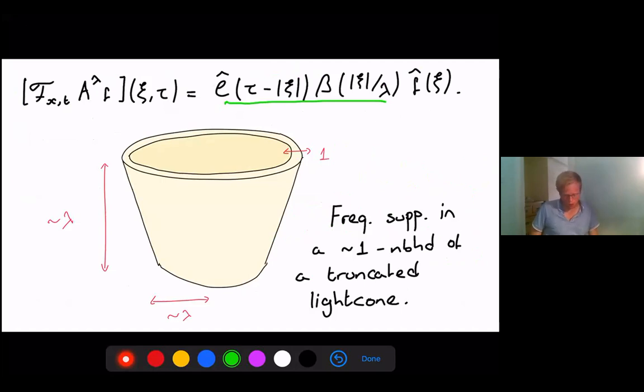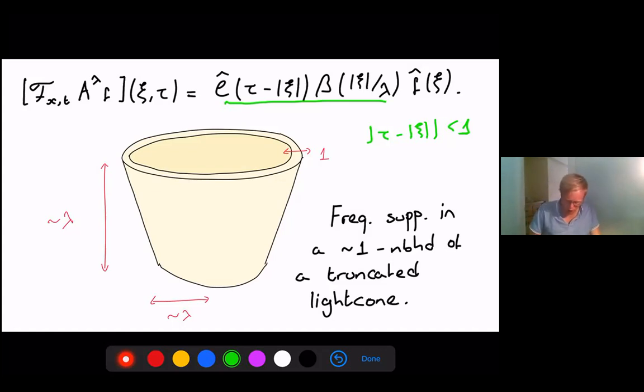So first of all, we have this tau minus norm of xi is going to be localized at unit scale. And this means if we think of this in the three-dimensional xi, tau space, we're localized to a one neighborhood of the light cone. Okay. Well, I've just written the top side, but it's a doubly infinite light cone.